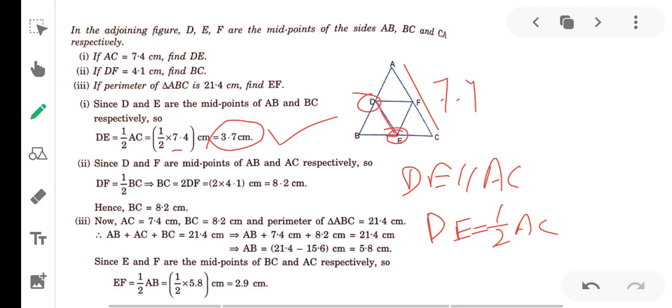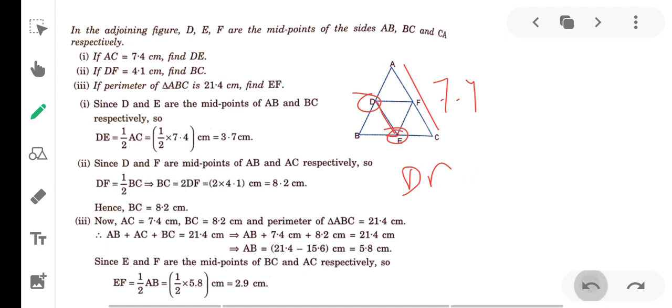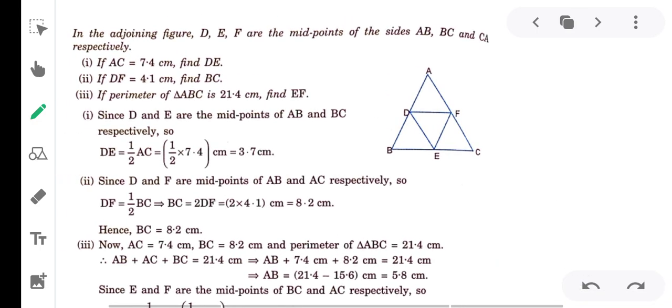Now coming to the second part. If DF equal to 4.1, find BC. Again D is the midpoint of AB and F is the midpoint of AC.